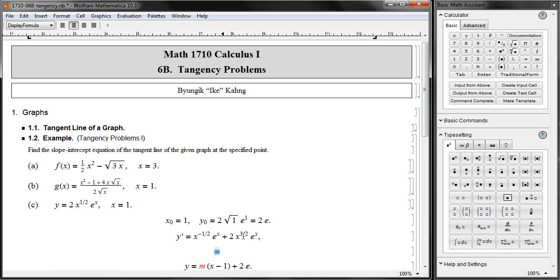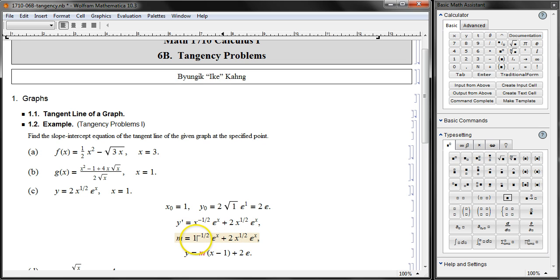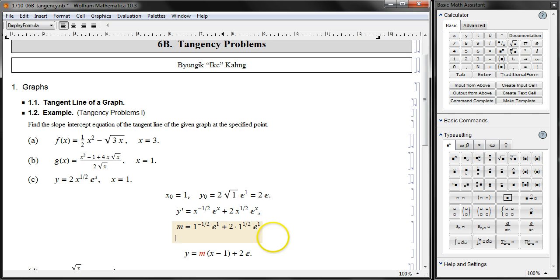Now let's find out the slope. And from here, plug in x equals 1. And that's 1. And then let's complete this computation. 1 to whatever power is just 1, so we get 1 and e to the first power.